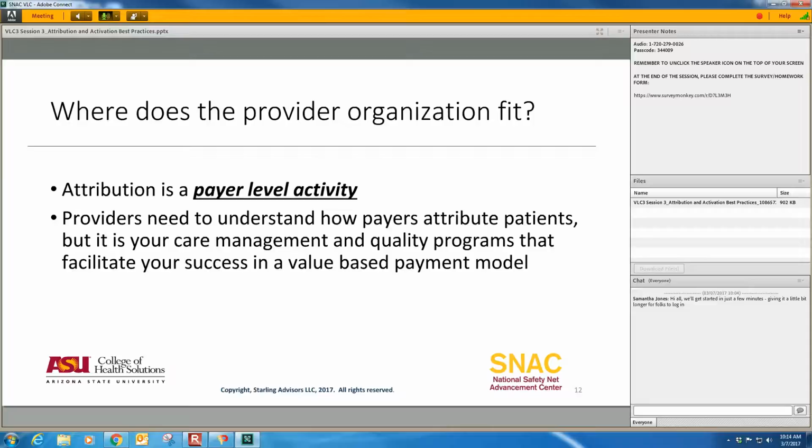But in terms of the actions that you need to implement in your practice, what's really relevant for you in terms of your financial success is your care management and your general quality improvement program. That's the action that you can take within this attribution and activation framework that really supports your success.